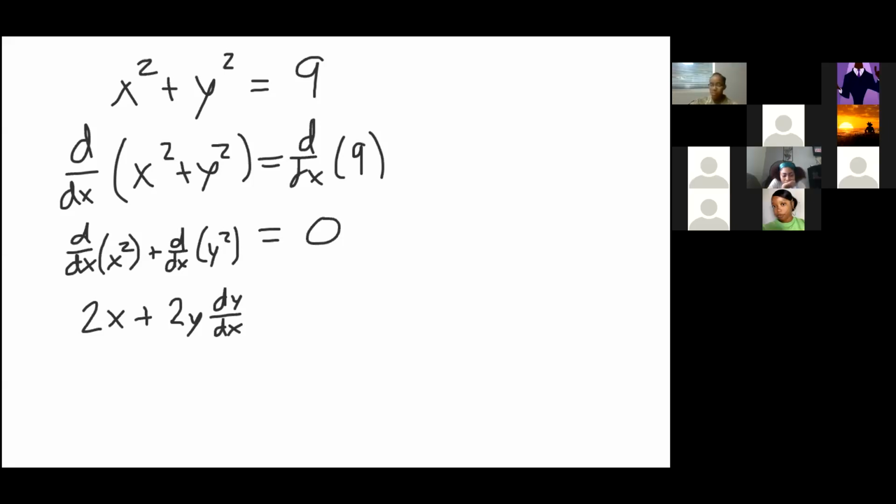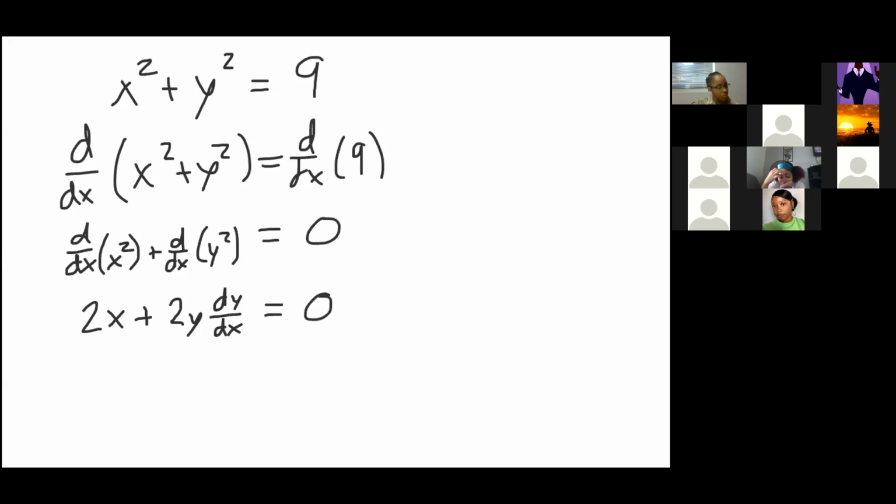Okay? So it's that 2y dy over dx because, again, we're assuming we know y is related to x in some manner. In fact, we know it because of this equation overall. So I can apply my power rule to the y variable, which is just bring the square down, subtract 1 from it. But then I have to, because of chain rule, make sure I multiply by how y changes with respect to x, that dy over dx.